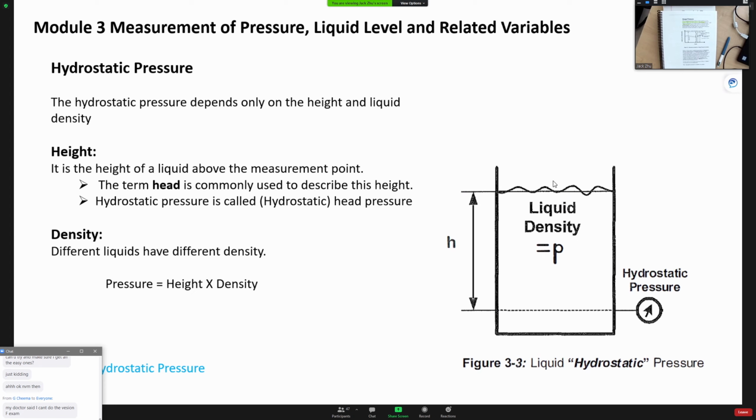The height of how much liquid is inside the container, and the density of the liquid, decide how much pressure there is at the bottom of the tank.